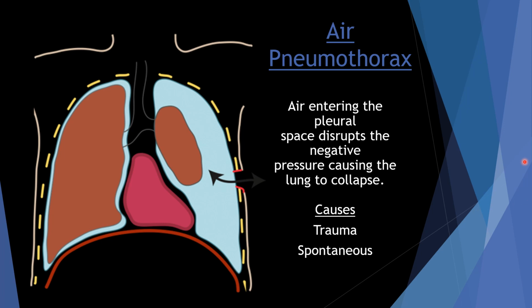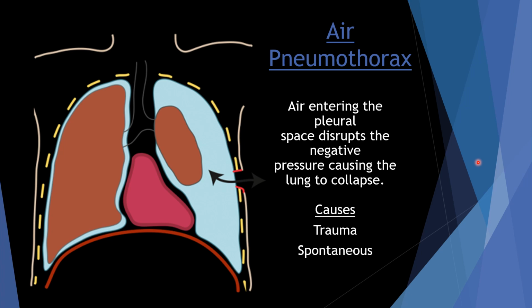So let's talk a little bit about the differences between spontaneous and traumatic, because we're going to go back to traumatic in just a minute. Spontaneous pneumothoraxes have two basic categories. One is a primary spontaneous pneumothorax, and this occurs when the patient has no underlying medical history of pulmonary disease or anything that could be causing it.